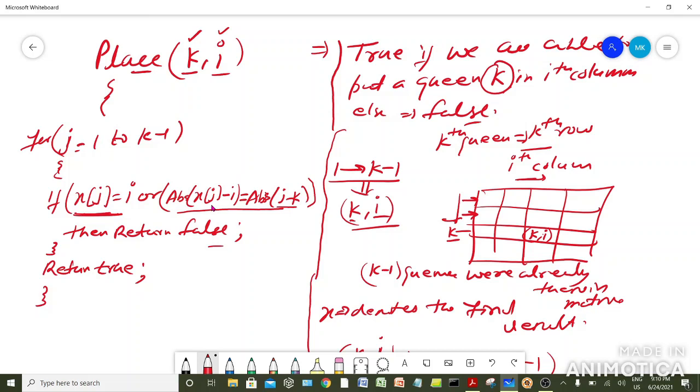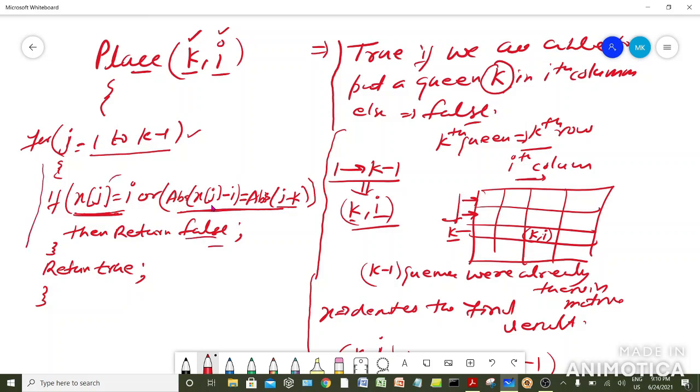Previously we have placed k minus 1 queens. If we are going to make a check for the kth queen, we ran a loop for j equal to 1 to k minus 1. It checked whether a previously placed queen was there in the ith column or in the same diagonal. If any of these was true, then it has to return false.